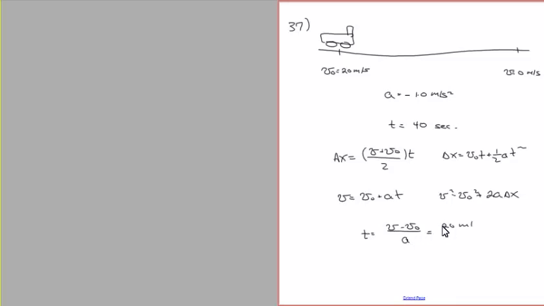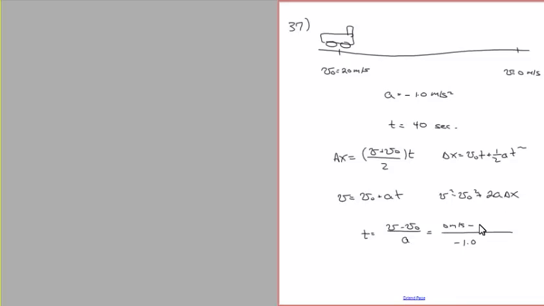So V0 is 20 meters per second. V is 0 meters per second. Acceleration is negative 1.0. I did that wrong in the end, didn't I? V is 0.